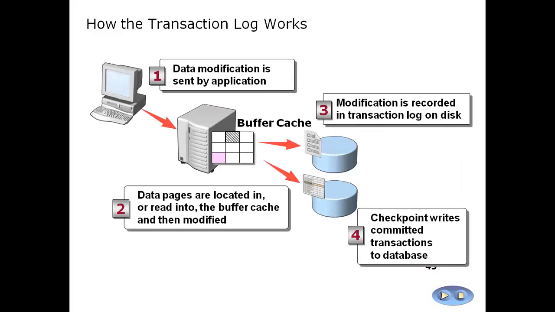The corresponding page is copied, the page is modified. The page is an 8 kilobyte page, so that entire page is copied to the buffer area. That page is modified with the updated instructions, and then that record is logged into the transaction log file. And then the committed transactions are written onto the disk when the checkpoint happens.